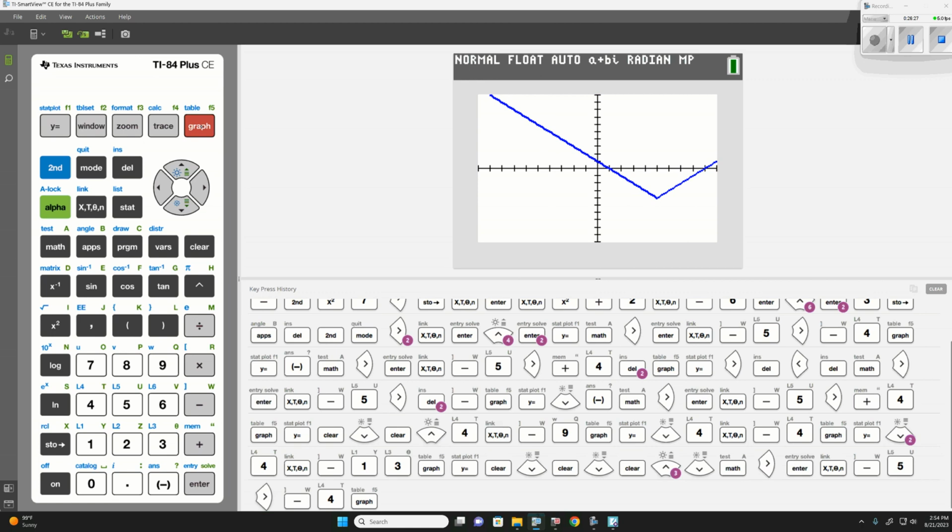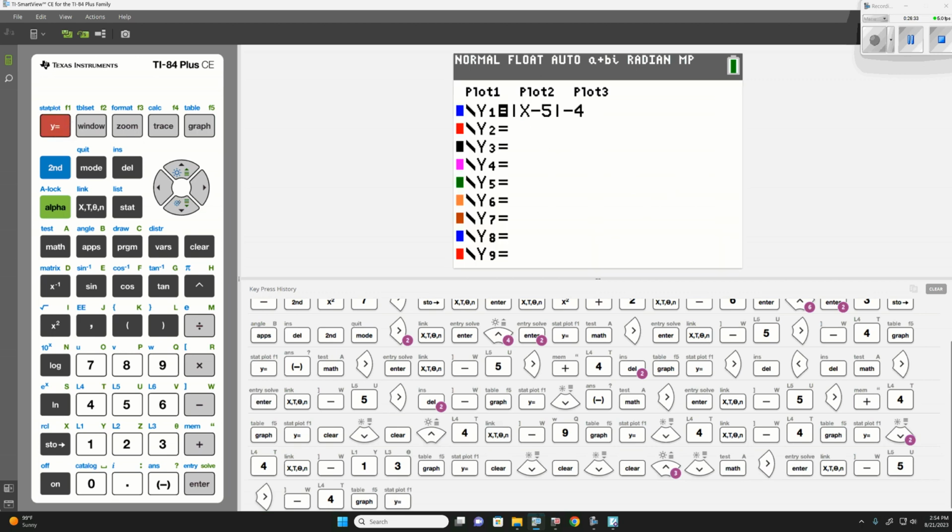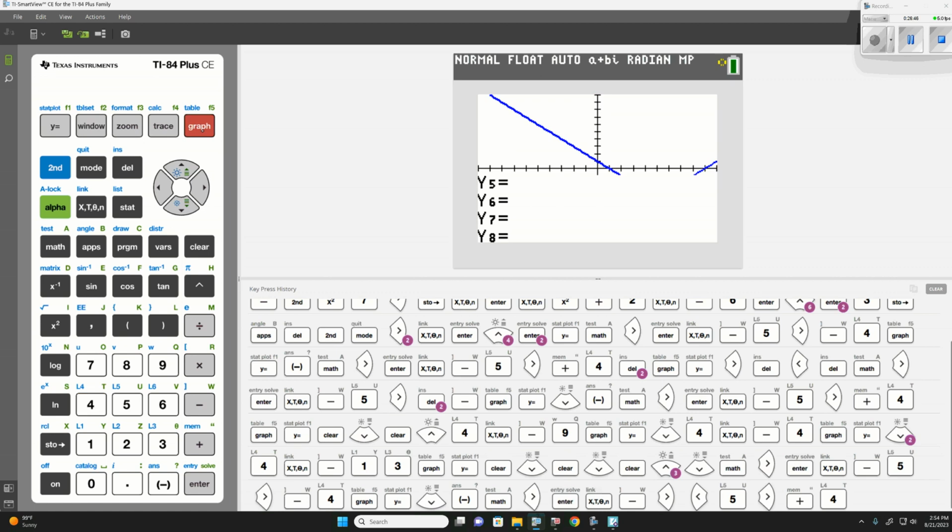Our x-axis is that straight line there, so it should be a mirror image across it. And what we said the new one was, negative absolute value of x minus 5, plus 4. Does it look like a mirror image across the x-axis? Yeah.